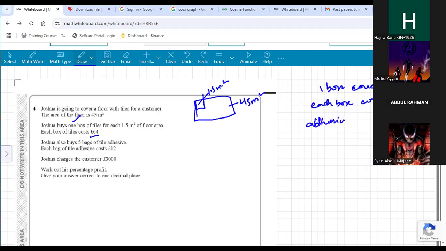He has purchased a total of 5 bags of adhesive. Each bag is 12 euros. Now Joshua has charged the customer 3,000 euros. Work out his percentage profit.